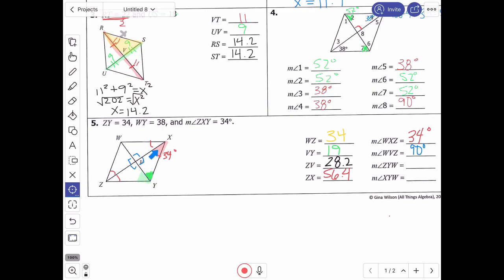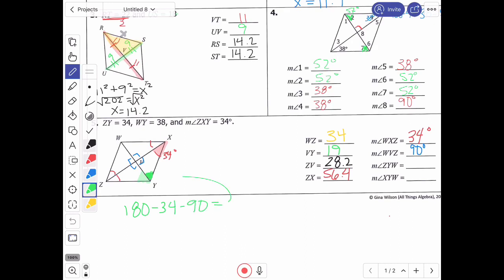So if I know this angle is 34 degrees, this angle is 90 degrees, I could figure out this green angle by doing the sum of all the measures in a triangle, add up to 180. So I'm going to take 180 minus 34 minus 90 to get that last angle measure that we're missing, which turns out to be 56 degrees.